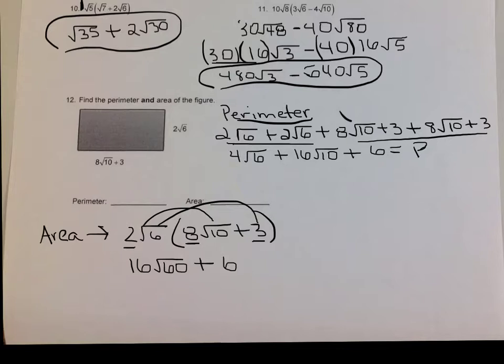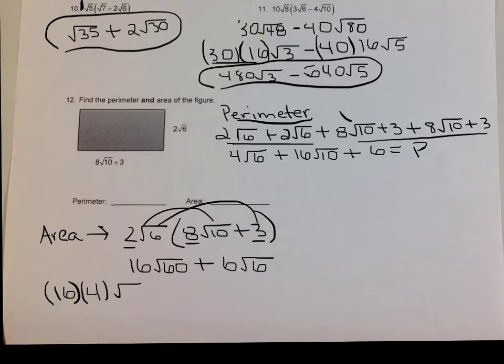The square root of 6 carries over. Now I need to simplify even further. 16 times a perfect square that we can pull out from 60 would be 4.